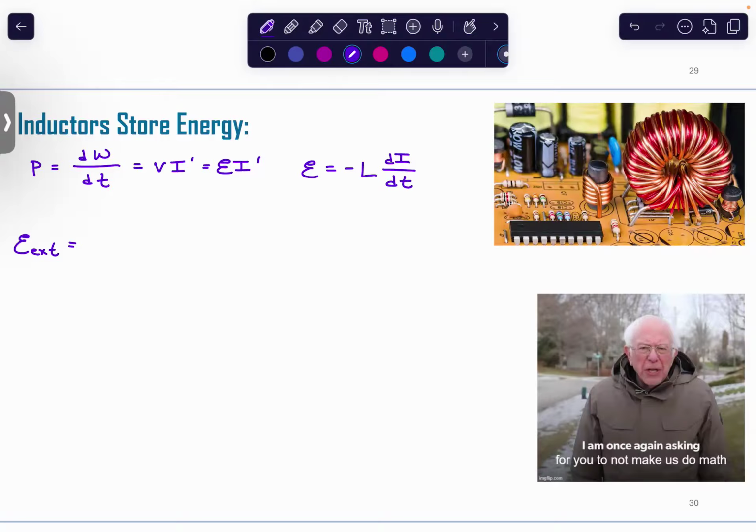Yeah, so negative the internal. So that's going to be a negative. So it becomes positive.